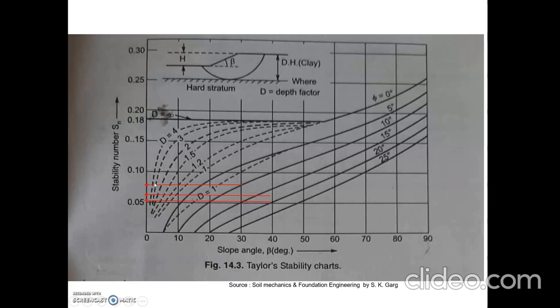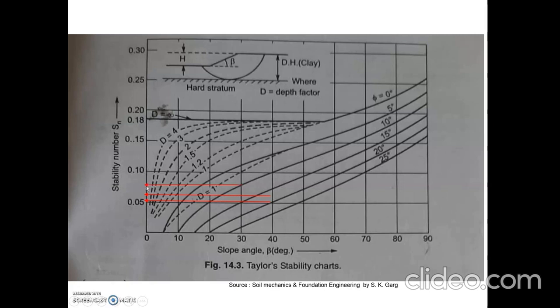And if we want to find stability number, we need to know the slope angle beta and the angle phi. For example, for phi equal to 10 degrees, this is the curve which represents phi equal to 10 degrees. And for beta equal to 30 degrees, we can find out the stability number.